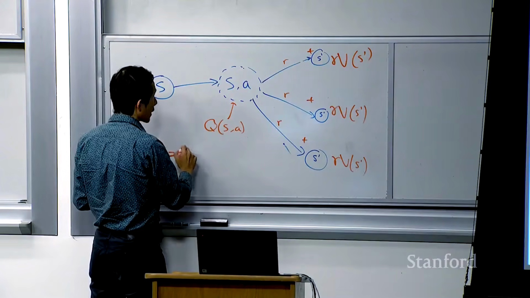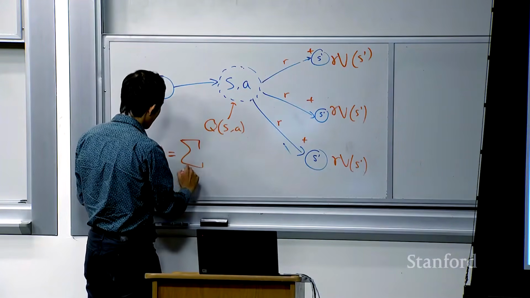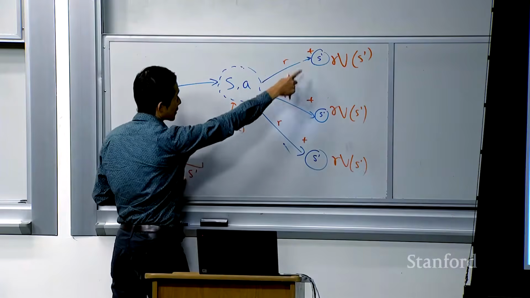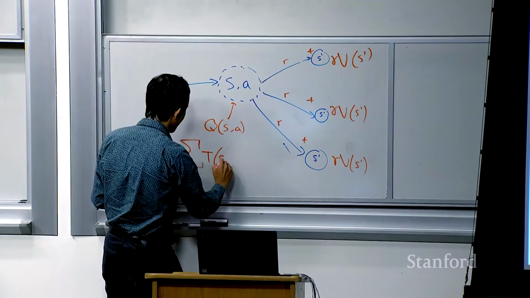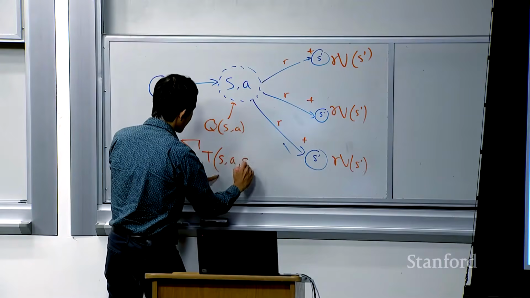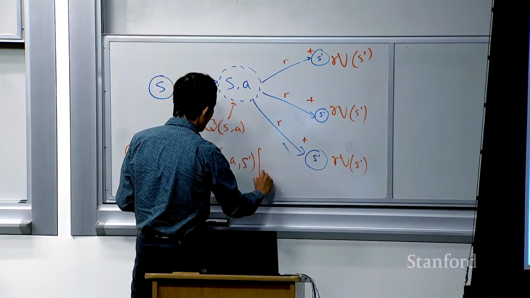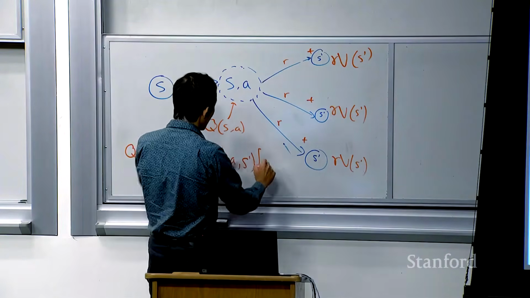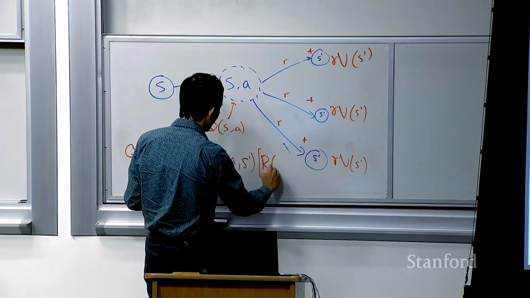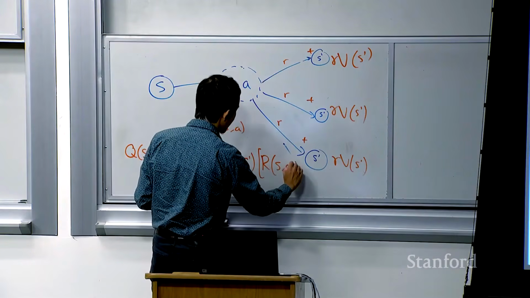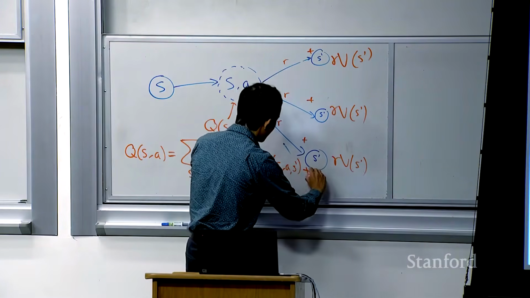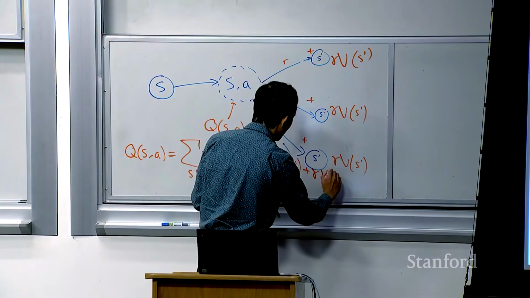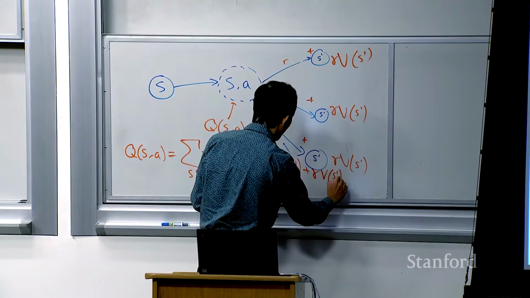So in order to figure out what happens, I have to sum over all possible successor states, the probability of that successor state happening, which is T(s, a, s'), and then I have the reward R(s, a, s') plus, this is an immediate reward, plus gamma times V(s').